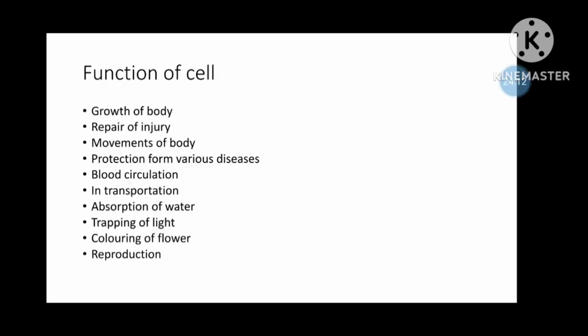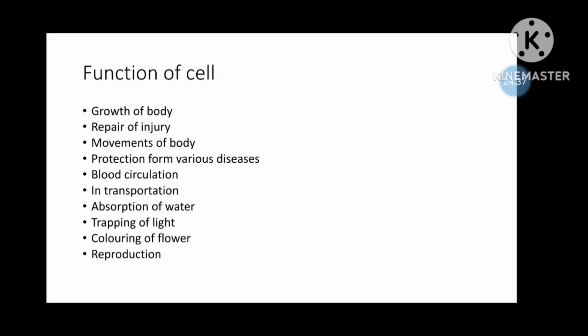Next, movement of the body. All living organisms move, whether plant or animal. So these cells help in the movement of the body. Without the functioning of the cell, no organism is able to move its body.